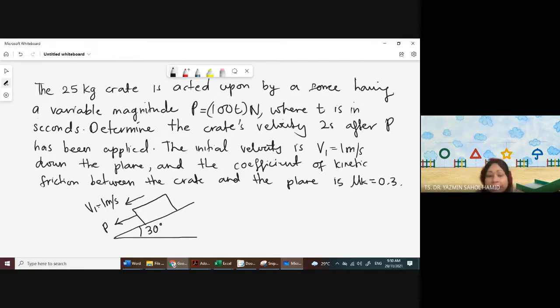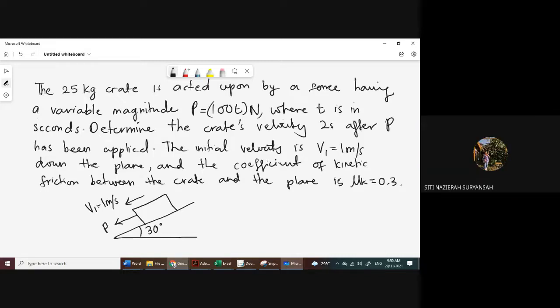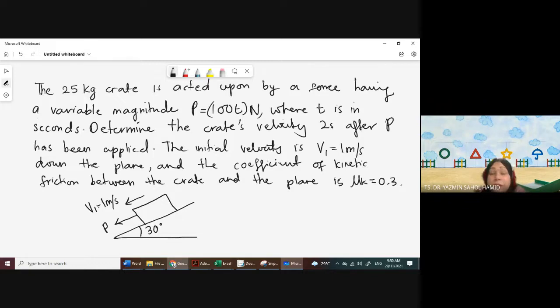MV plus impulse equals to MV, kan? Okay, so jangan lupa. The trick is the impulse, are you going to use the equation in the x direction ke y direction untuk dapatkan the nilai lah.